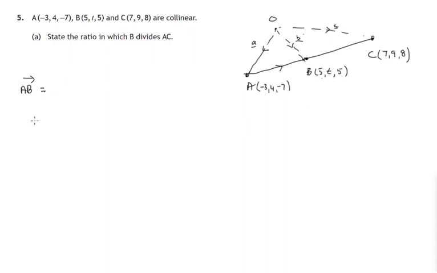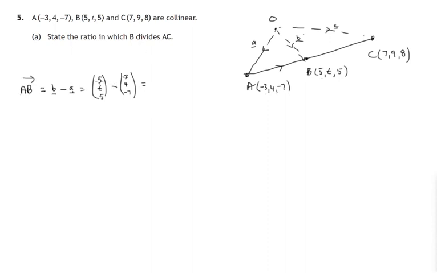And the basic result is that if we travel from A to B, then it's position vector of B minus position vector of A. Position vector of B, components are the same as the coordinates of the point. Position vector A, components are -3, 4, -7.